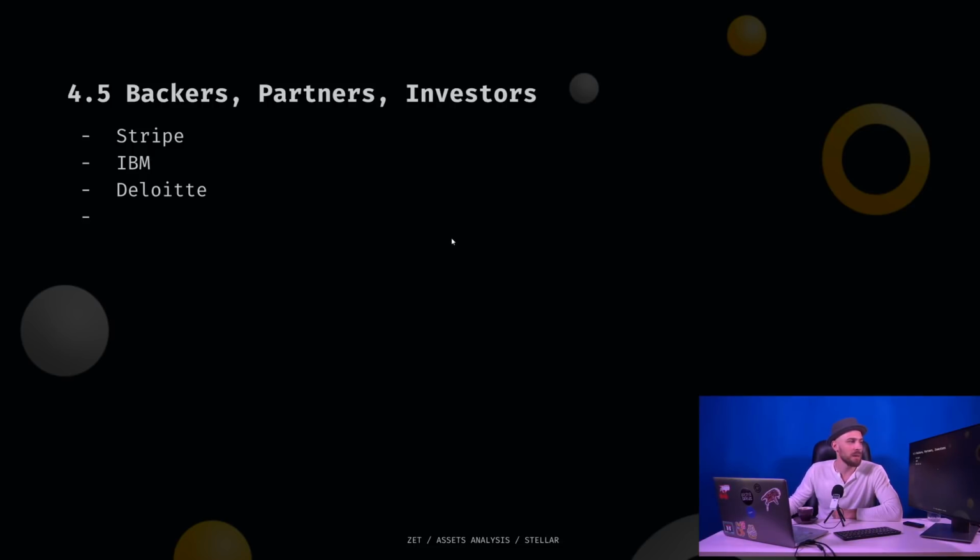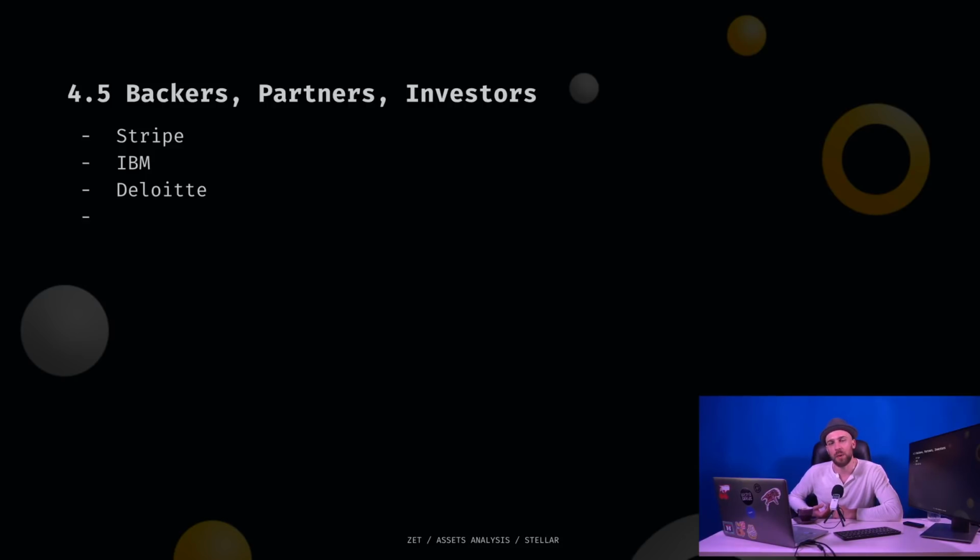And as to backers and partners already supporting Stellar, I just want you to know that Stripe is actually a company that invested in Stellar, and they refused to invest in Ripple, but instead they invested in Stellar.